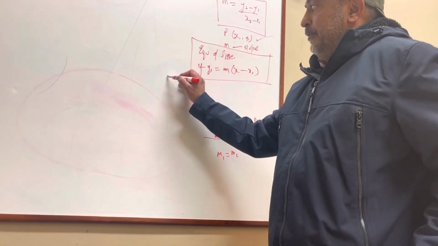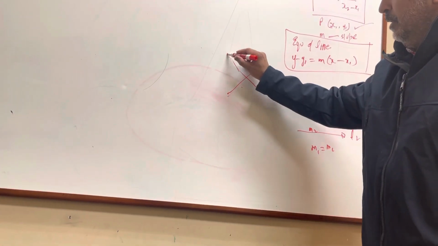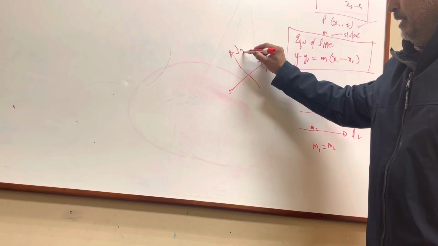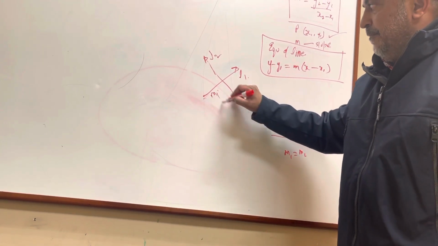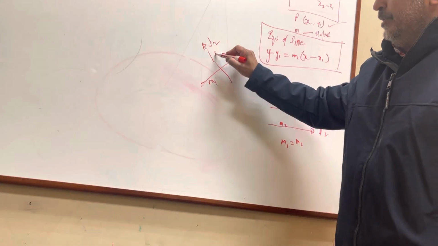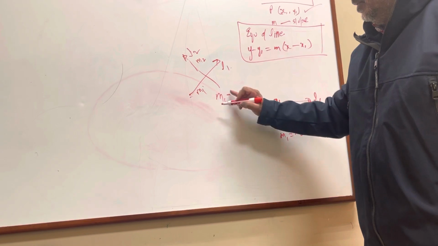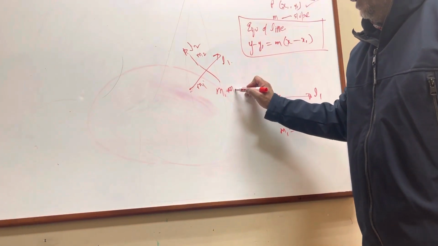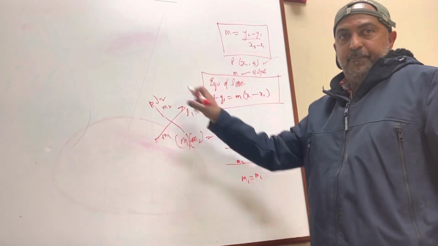So if L1 and L2 are perpendicular, with the slope of L1 denoted by m1 and the slope of L2 denoted by m2, the product m1 times m2 should be -1.